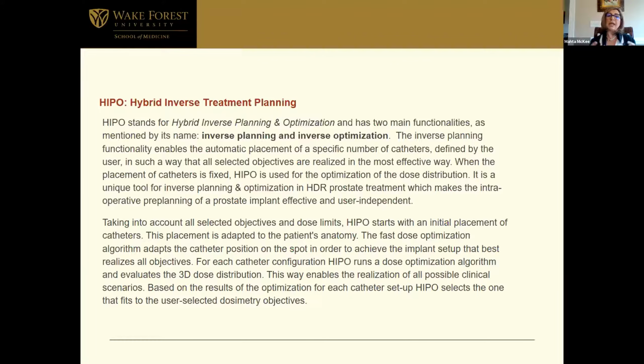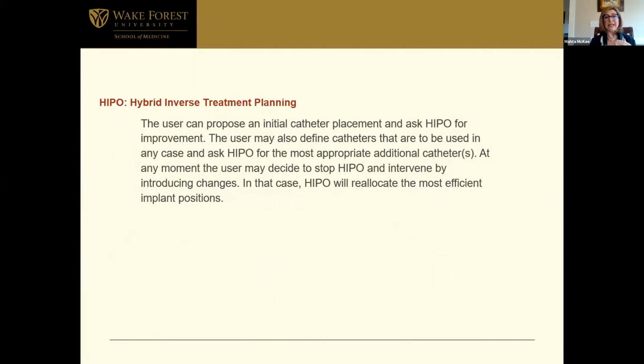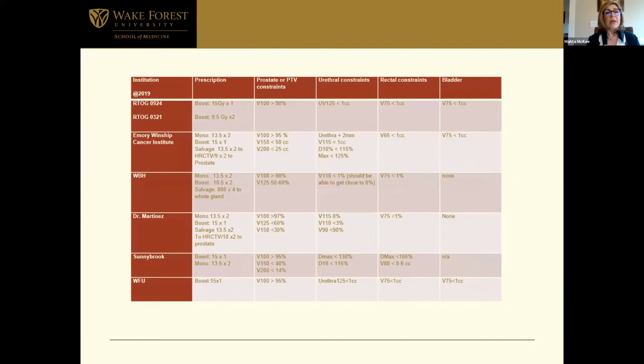The user is able to predefine how many needles they want to put in, and HIPO is able to optimize based on the constraints and the number of needles and give you a virtual plan of how it's going to look. At any point, the user is able to stop HIPO, manipulate, add needles, take needles out, and then regenerate and calculate that. My apologies for that.